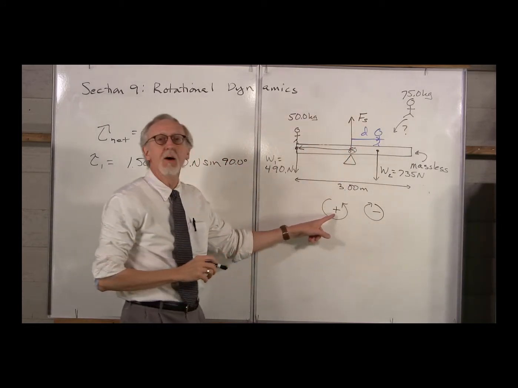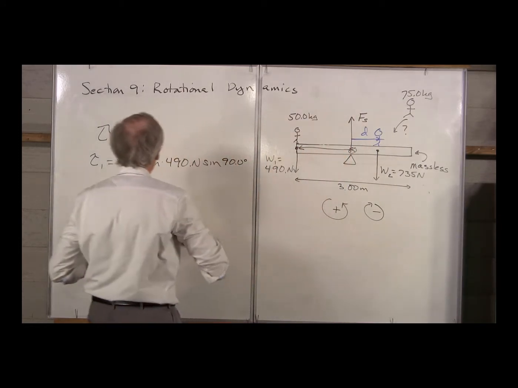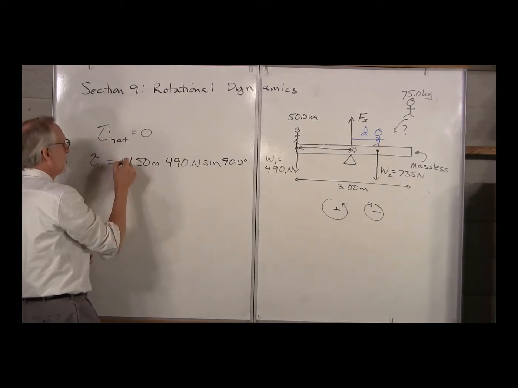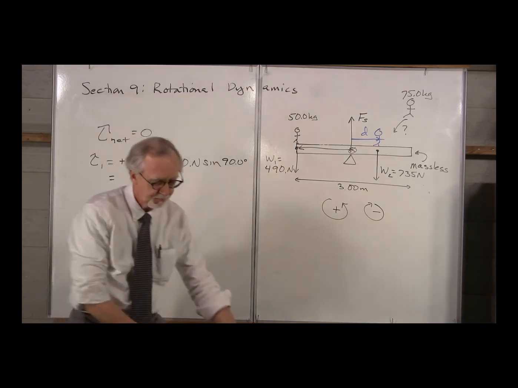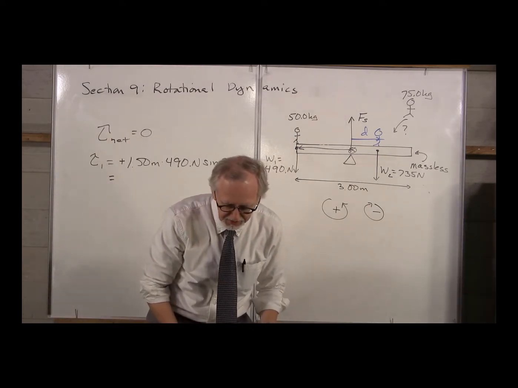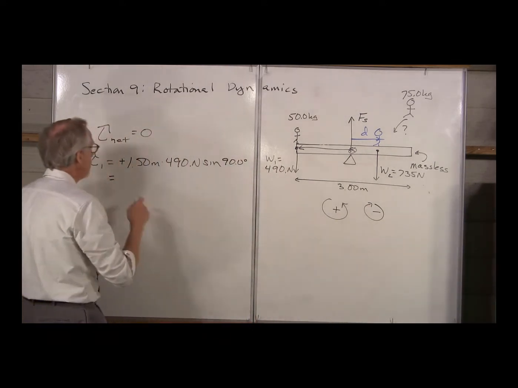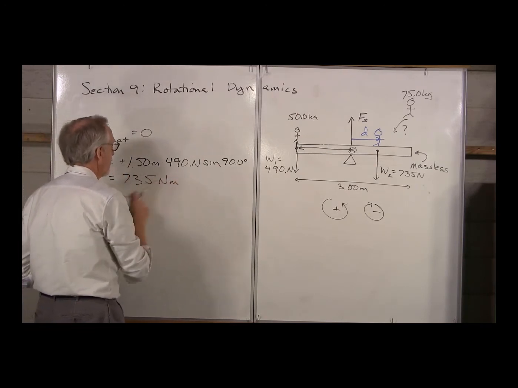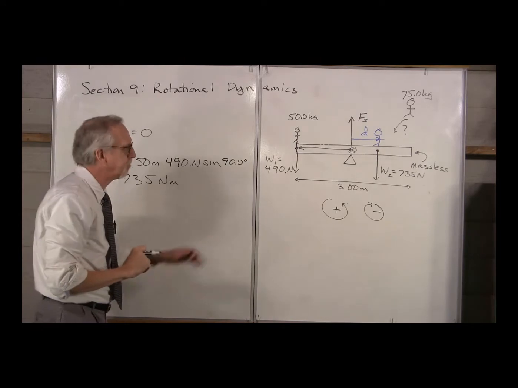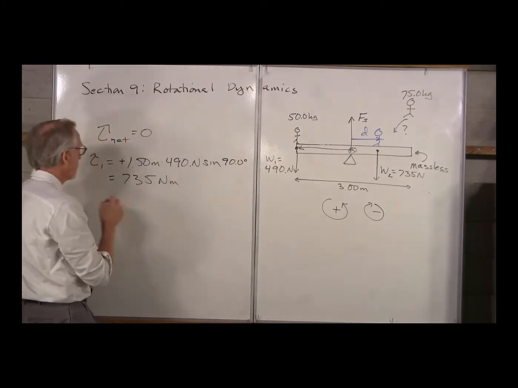So this is a positive torque. Very good. We multiply this out, and what do we get? We get 735 Newton meters. Positive. Very good.